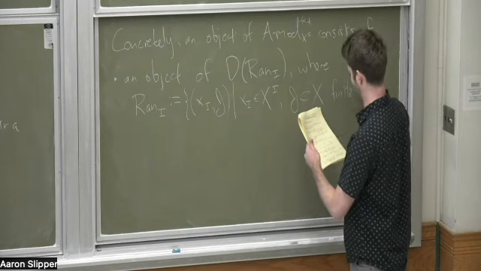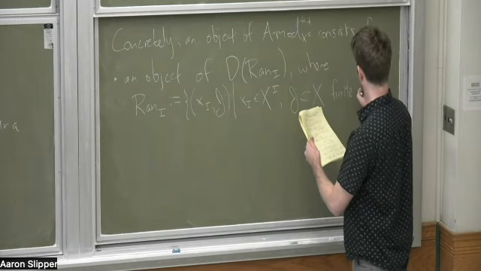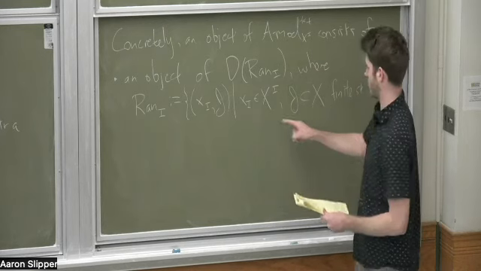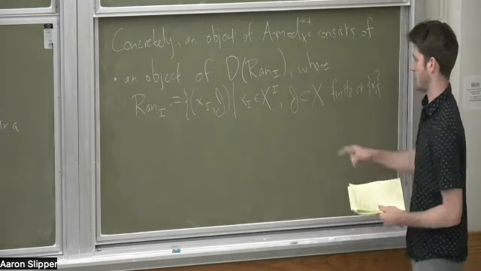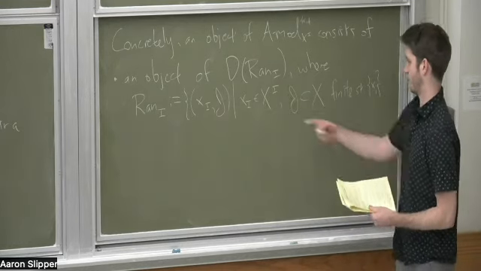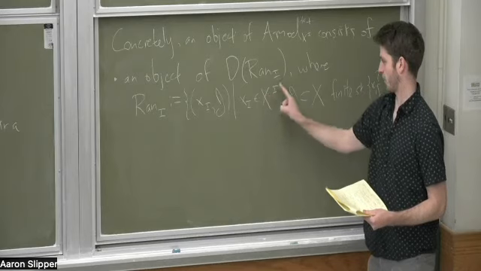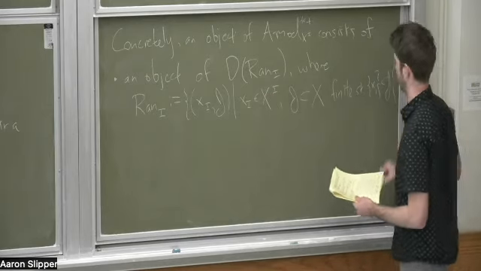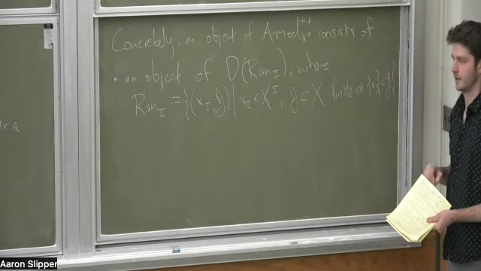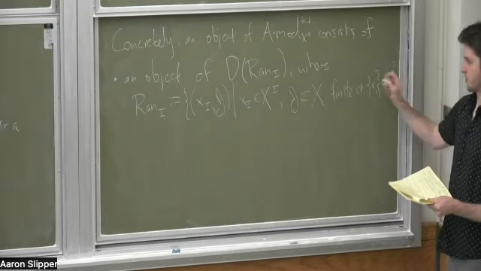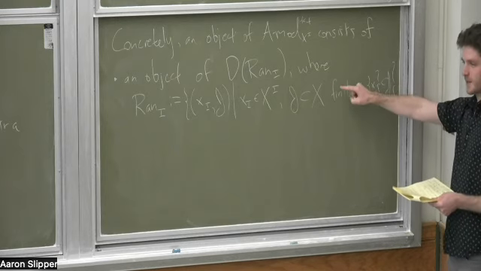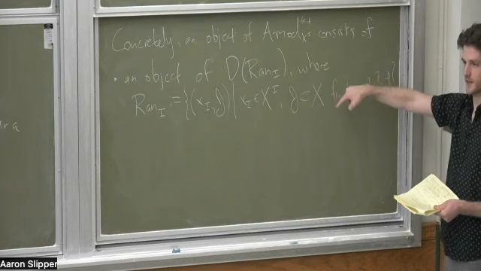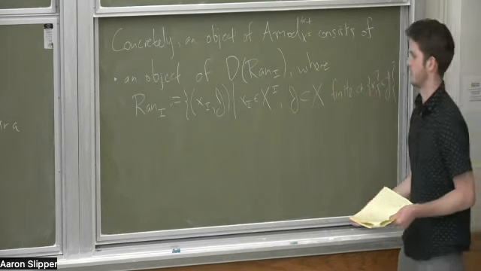So script J here is a finite subset such that, considering this as a subset of X without the marking, the set of points x_I is actually contained in J. Again, just to repeat, this parameterizes a finite subset of the curve together with an I-tuple of marked points contained in that subset.